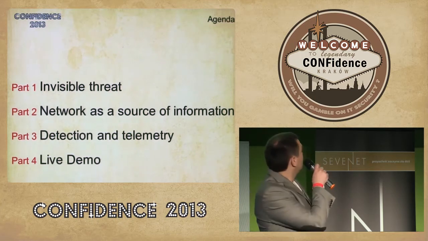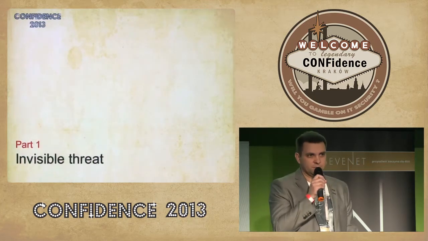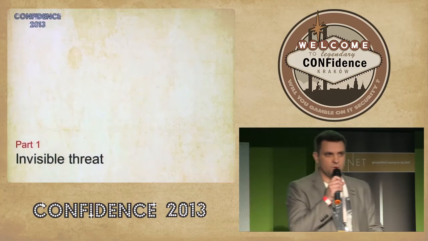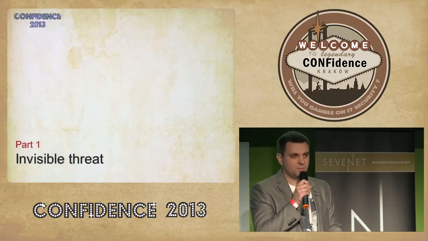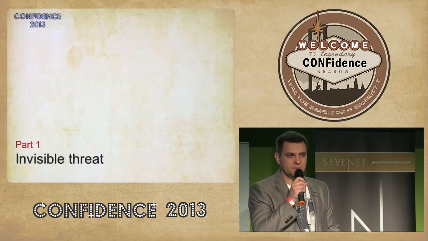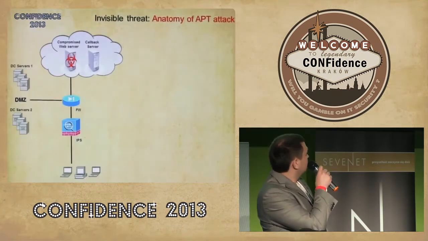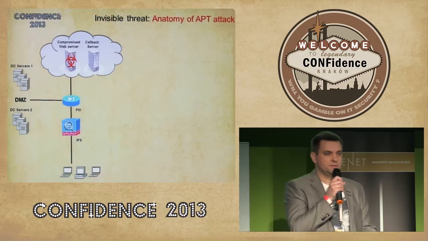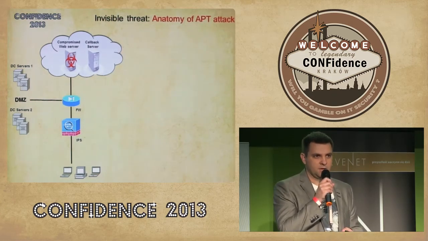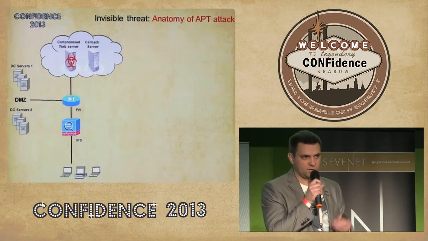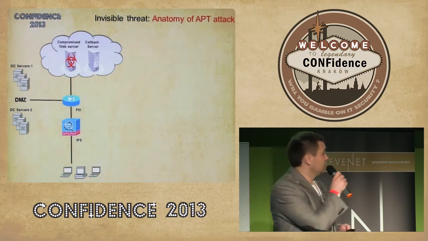During this presentation, if you have some questions, please just ask and we will try to answer them. So, invisible threats. Many of you probably know a little, or maybe more than we do, about invisible threats. To fully understand APT attacks, first we should know how those attacks work.